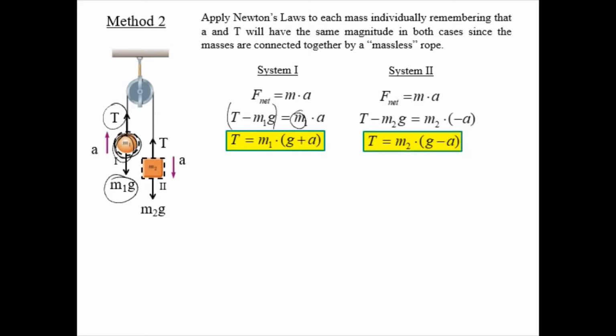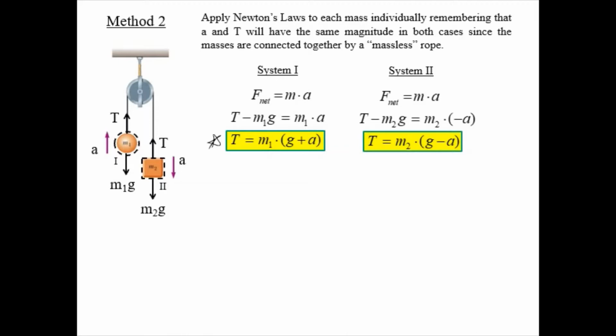And the acceleration here is in the positive direction, so I just put in positive A. So my equation reads T minus M1G equals M1A, or in other words, T equals M1A plus M1G. If I factor out the M1, I can write it as T equals M1 times (G plus A). You'll notice that's the same equation we got on the previous slide.